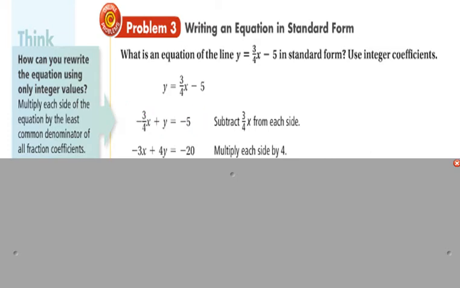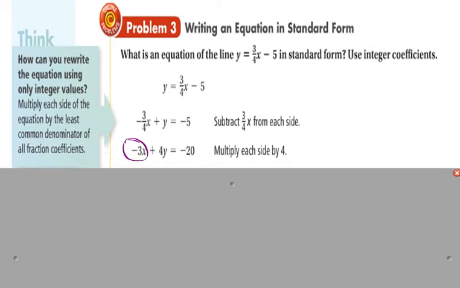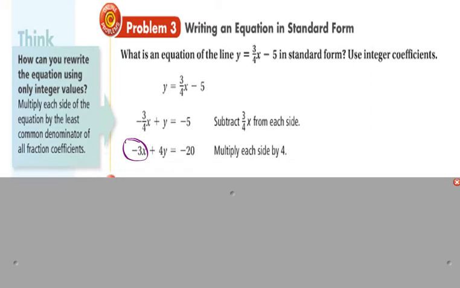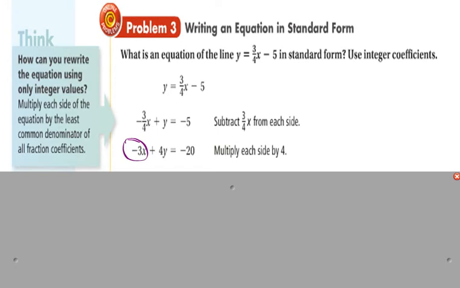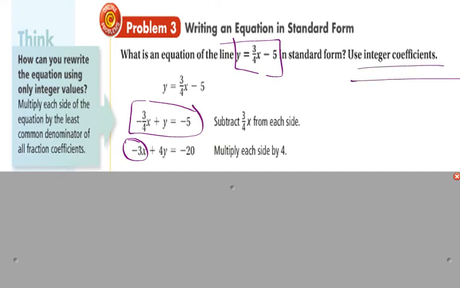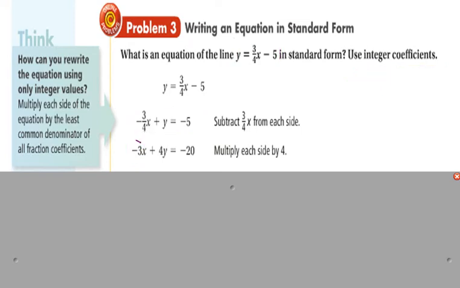It's a negative 3x plus 4y equals negative 20. So just multiply everything by 4. Now we have answered. We turned our slope-intercept equation into standard form, and then we cleared the fractions. So now we have just integer coefficients. See, we've got a negative 3, a 4, and a negative 20, all integers.